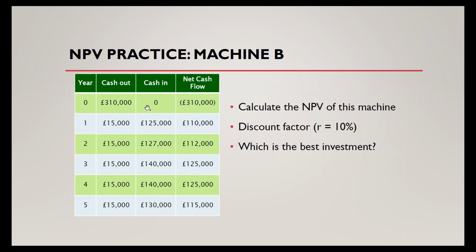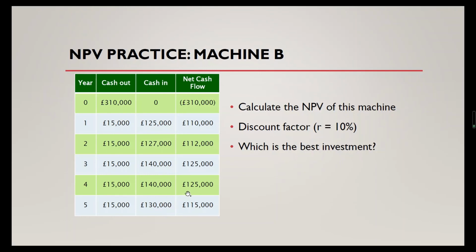For every year, you are planning to spend Facebook advertisement to advertise your machine for £15,000. And with this strategy, it will give you a revenue fluctuating from 125,000 to 130,000.